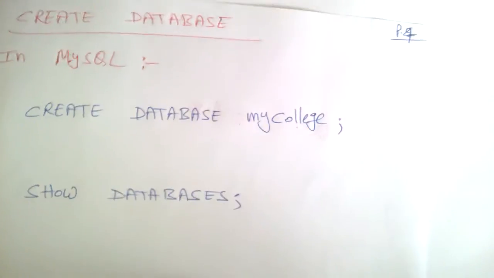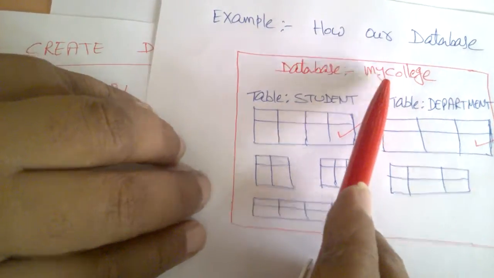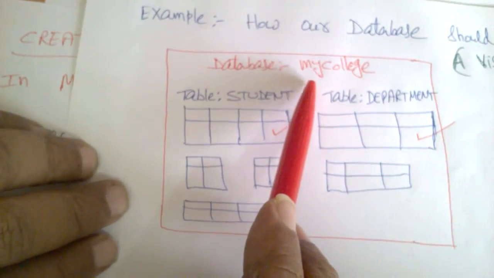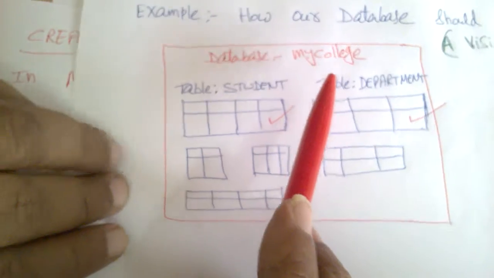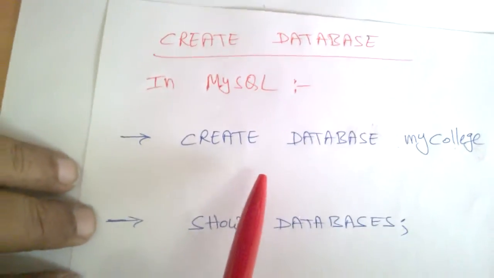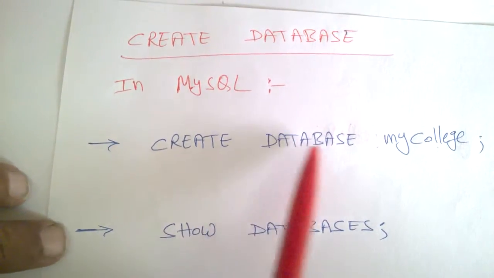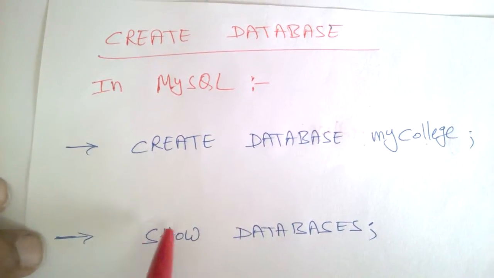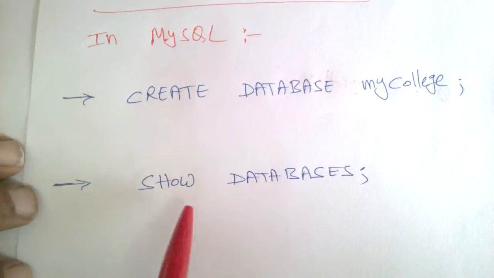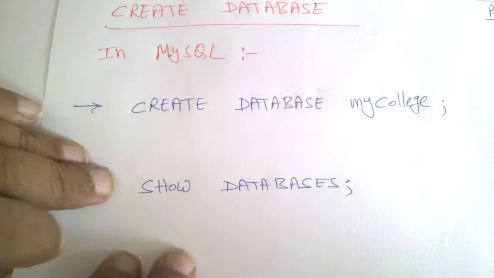Now, the first step in this vision is to create the database called my college. Okay, that's the first step. This is the command in MySQL to create the database. It says create database my college. After you create it, you can show databases, and the database you just created will show up.